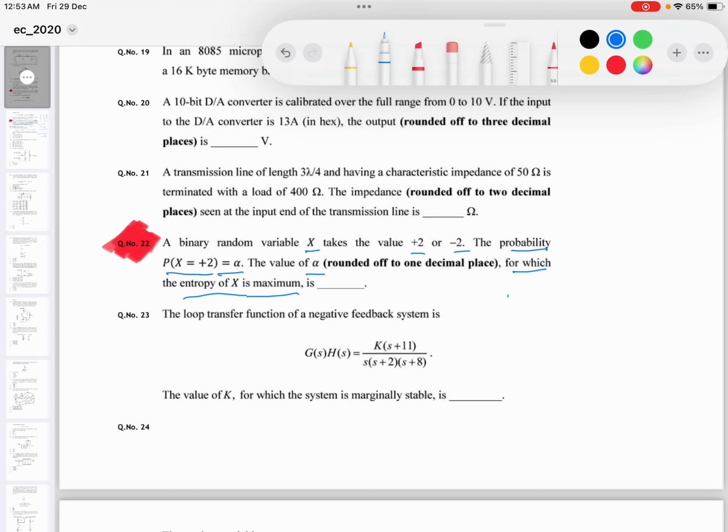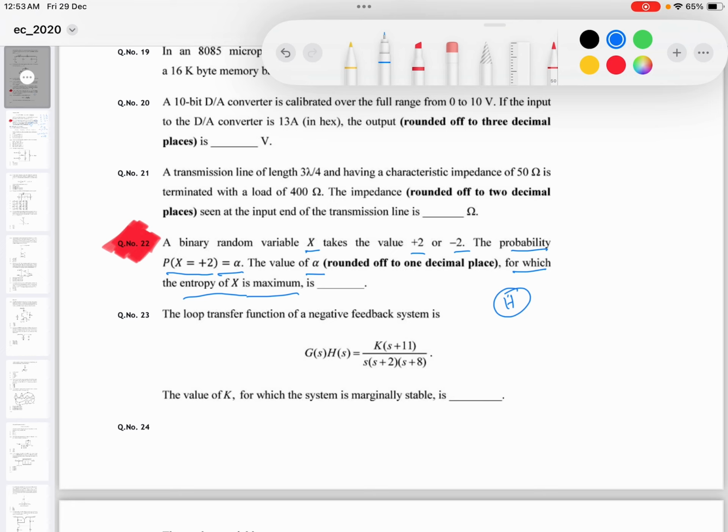Entropy would be maximum when we have more information, and we will have more information when we have more uncertainty, right? If we are certain about something, that means that event is associated with less information. So the more the uncertainty, the more the information, and the more the information, the more the entropy.